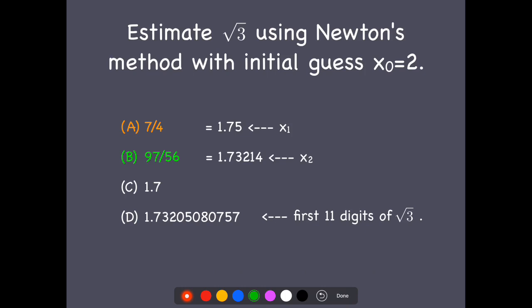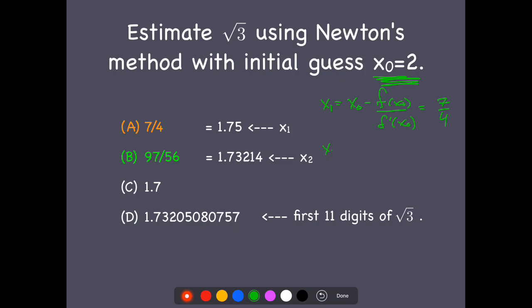So should you just find x1 or x2? Turns out option A here is the x1 value. So that's what you get when you plug in x0 equal 2 into the formula for x1. So x1 is equal to x0 minus f of x0 over f prime of x0. If you then do another step, here you get a calculation and you end up with 7 over 4.